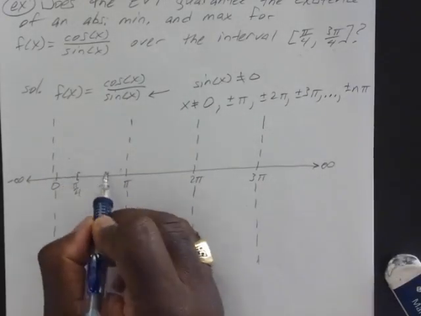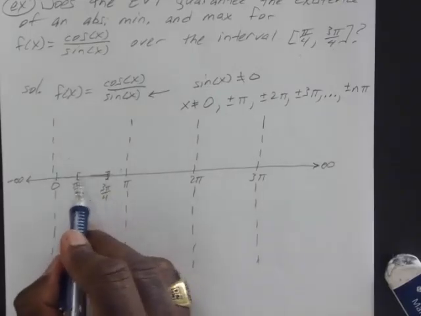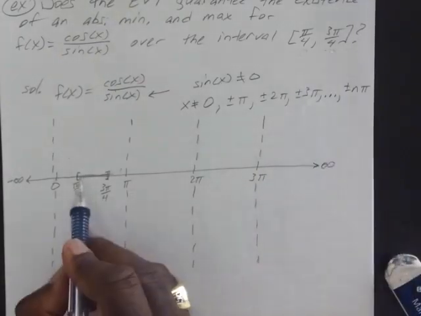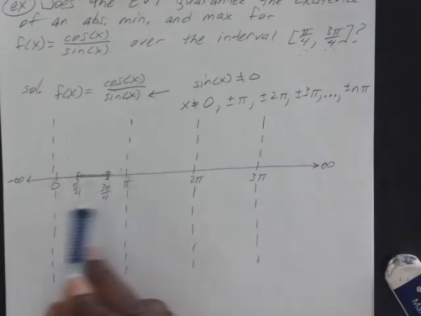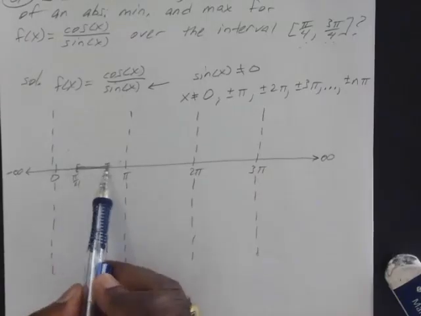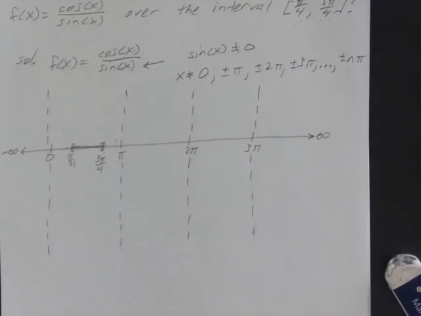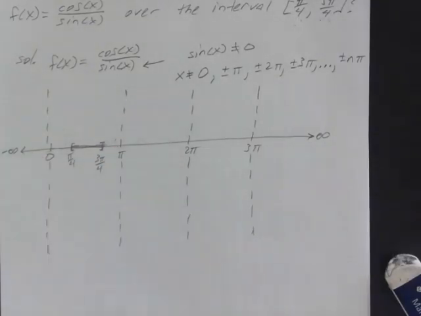Here we go. So that's our entire interval right here. Which means as long as it's not pi or 0 or somewhere crossing those two, it's defined on that whole interval, because it's right there in that defined area.